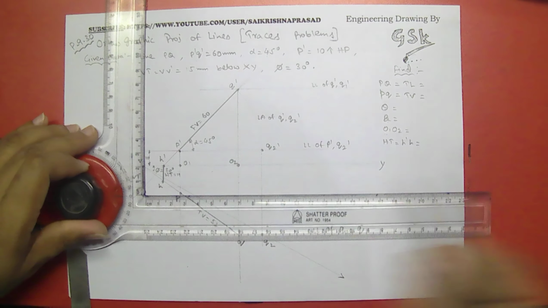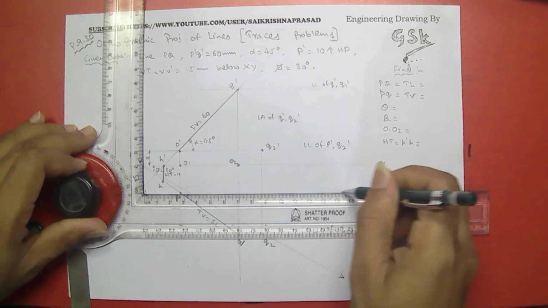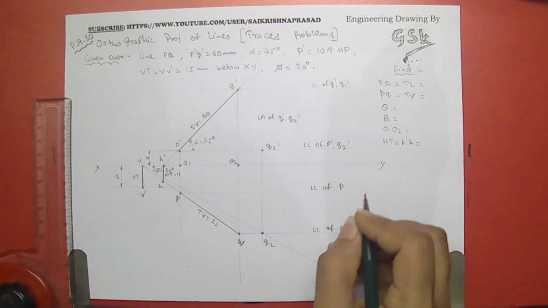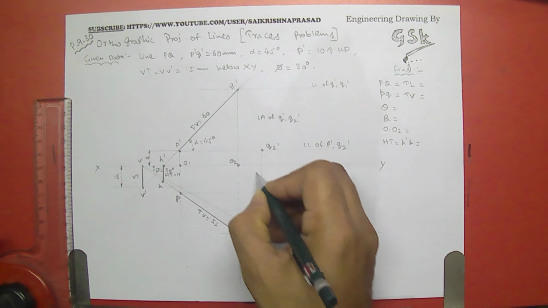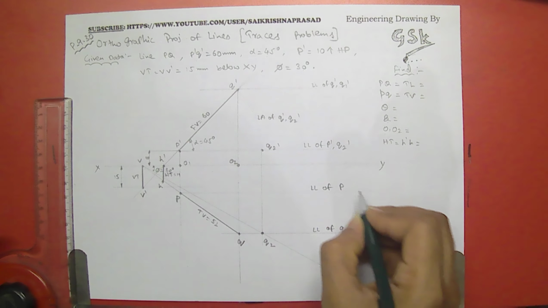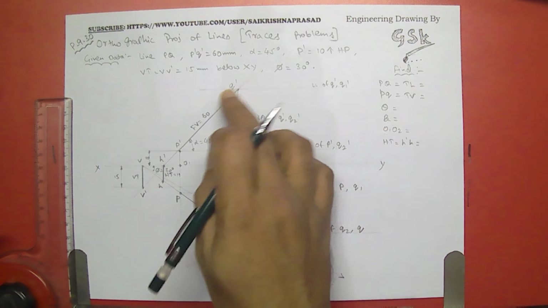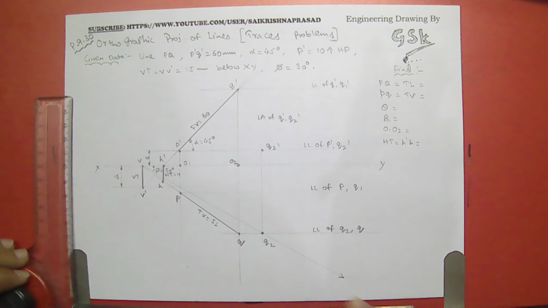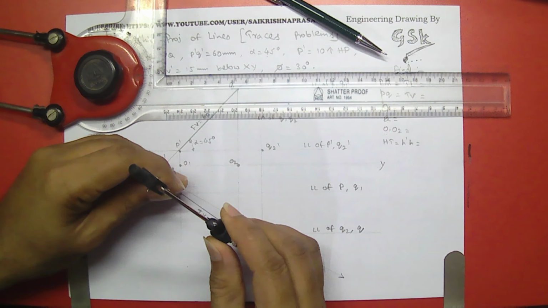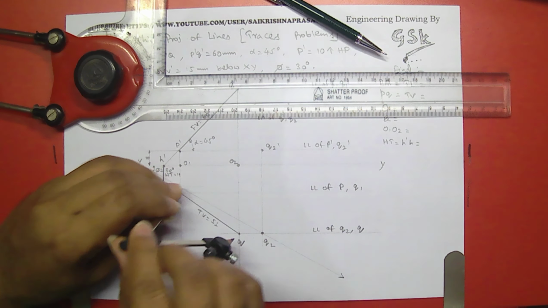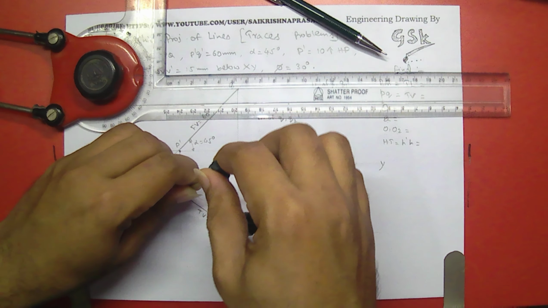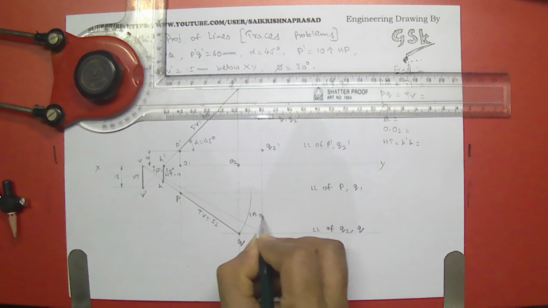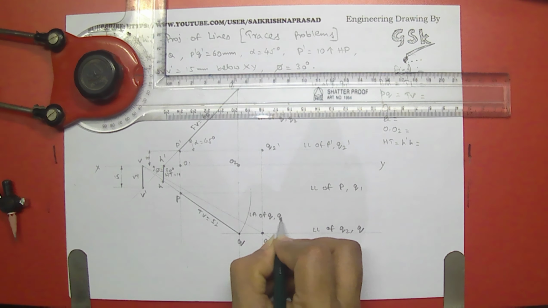Now I have to draw the locus line from the P, locus line of P, and the other one I'll be getting Q1. This is the locus line of Q1 dash, and this is the locus line of Q1, right? So I'll be taking the compass, measuring the distance of the top view, and drawing a locus arc onto this locus line. So this is the locus arc of Q and Q1.